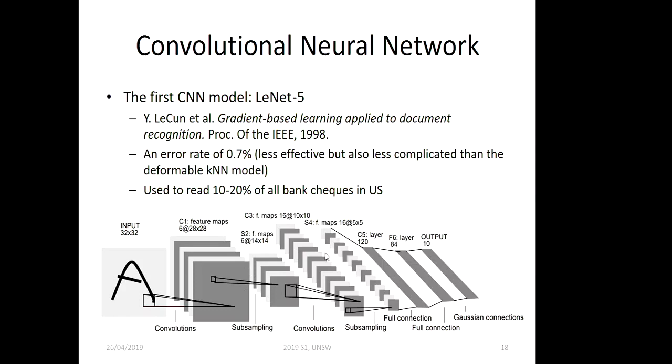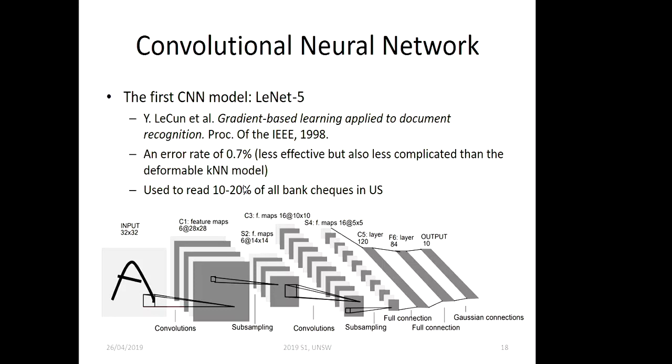So with this approach, they get an error rate of 0.7 percent. That is not as accurate as the deformable KNN approach. But you can consider this way quite simple because it's just a neural network model. There's no other processing on the images, and you can just dump whatever images you have and let the network train.